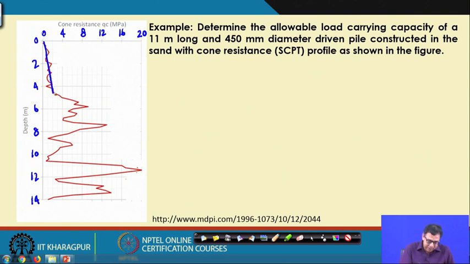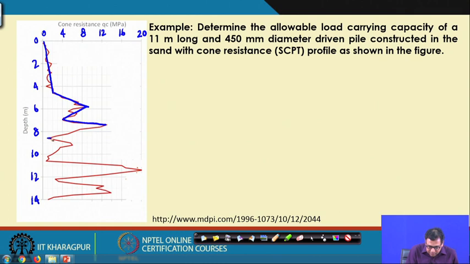Then from this zone to this zone, again there is a small variation, so I am taking it like this. If you want to calculate more accurately, you can take more variation, but I think that is fine for this problem.